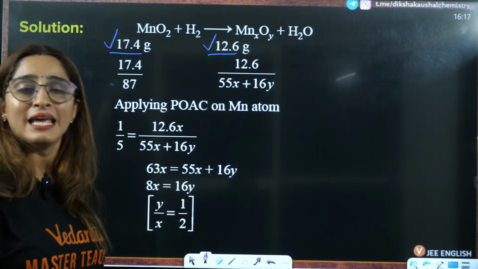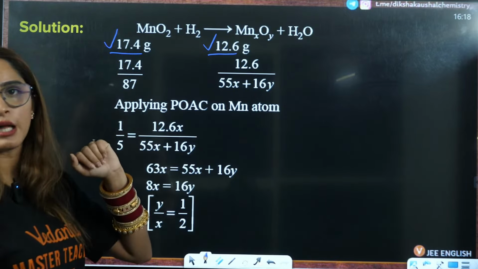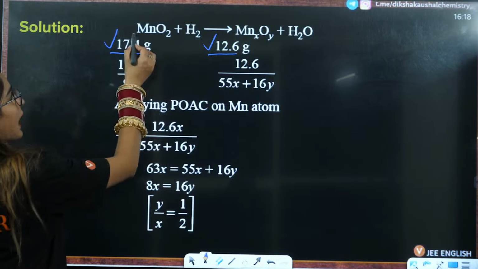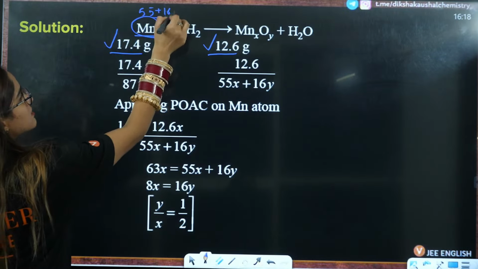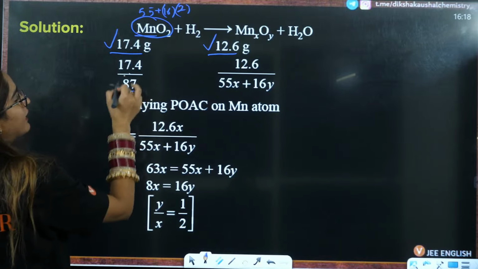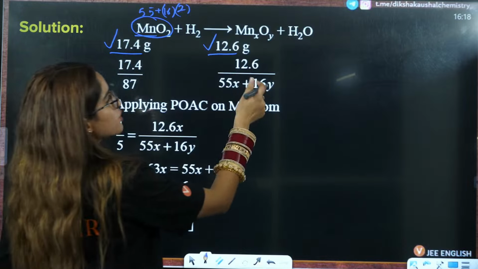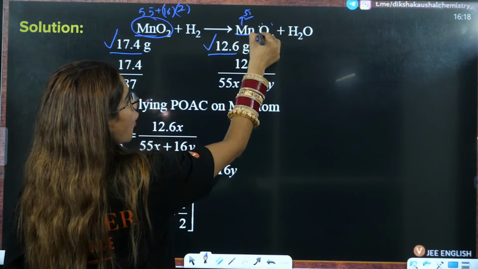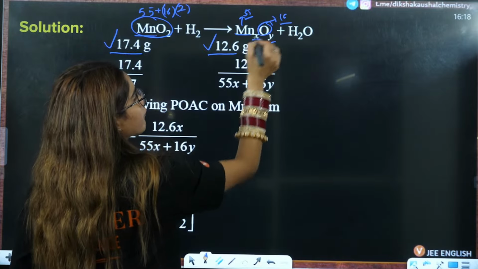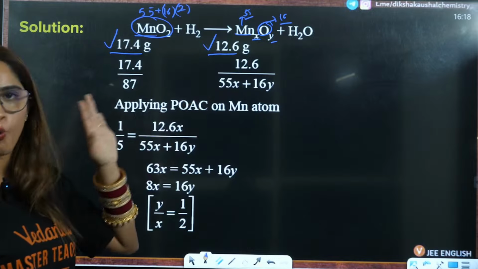Now if you calculate the number of moles here, MnO2 is basically 55 plus 16 into 2, and you get 87 as the full molar mass. The molar mass of MnXOY will be manganese 55 multiplied by X, oxygen 16 multiplied by Y.